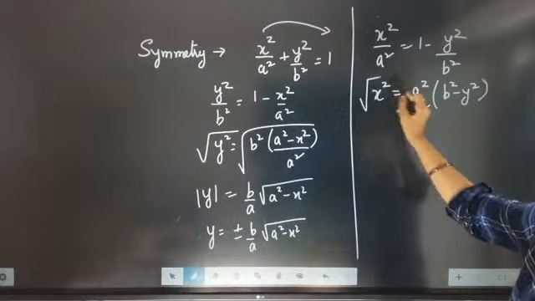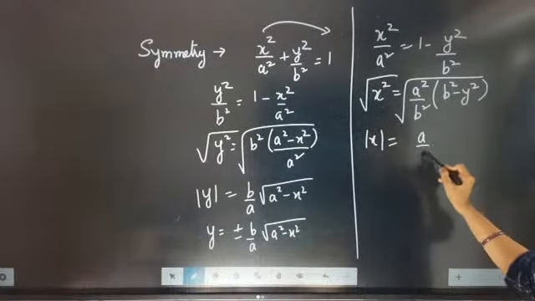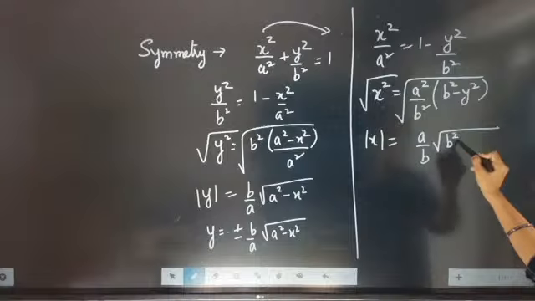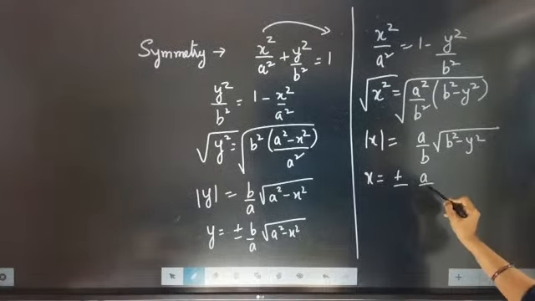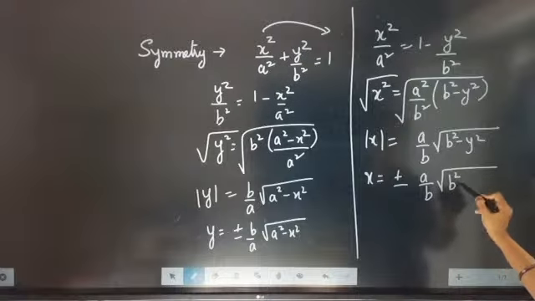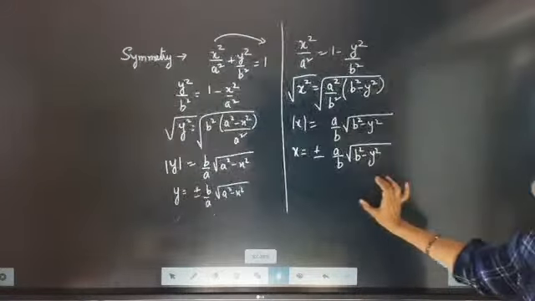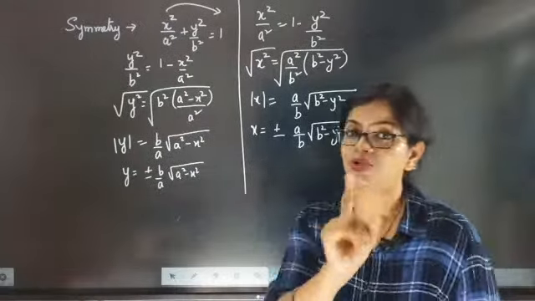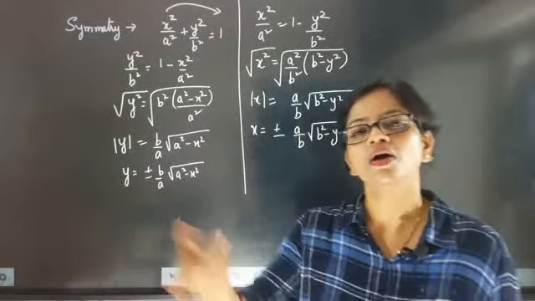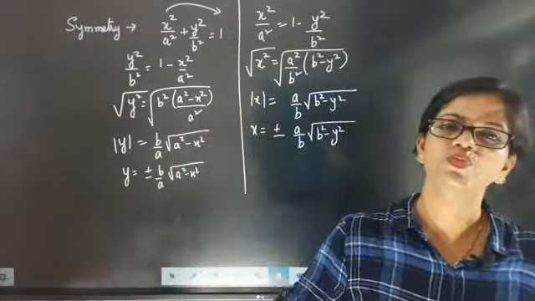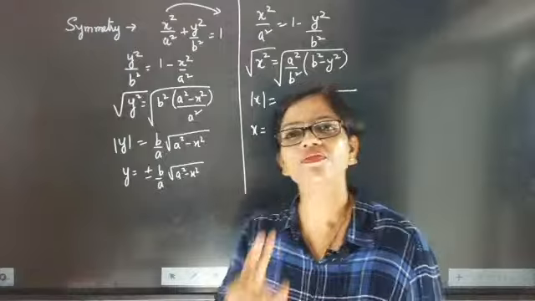So again taking root on both sides, modulus of x is coming as a by b root under b square minus y square. So x is coming as plus minus a by b root under b square minus y square. So here again we got two different values of x. So we understood one thing, that for one equation of ellipse we are exactly getting two different values of y and two different values of x.